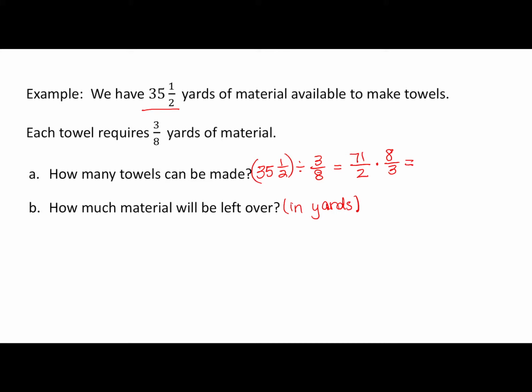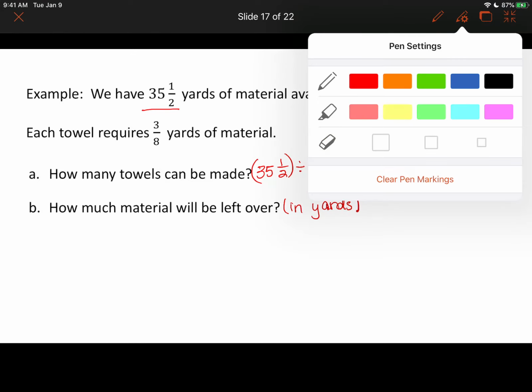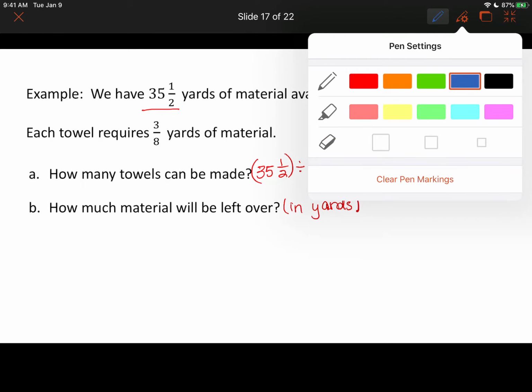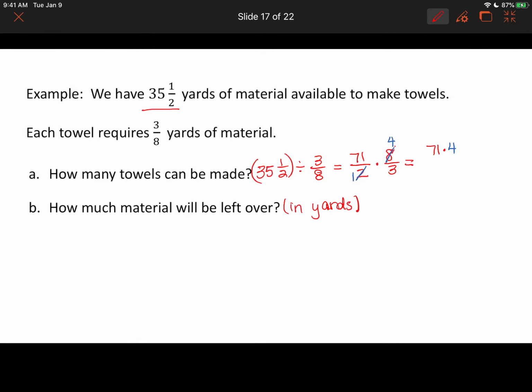So I'm going to have 71 times, well, let's do some cancellation before we do that. I can cancel a 2 out of the top and bottom, so I'm left with 71 times 4 over 3.